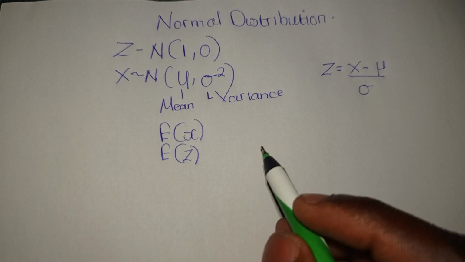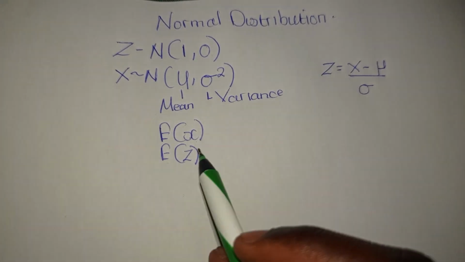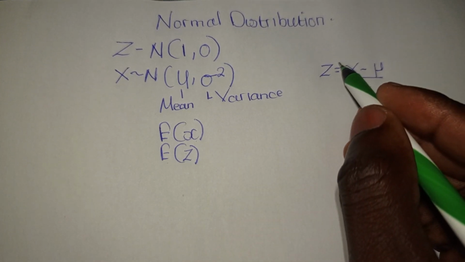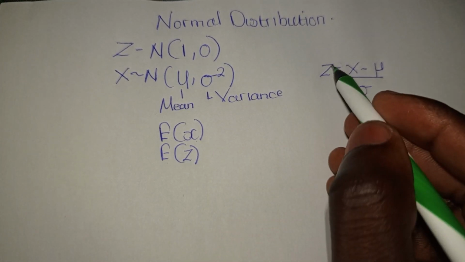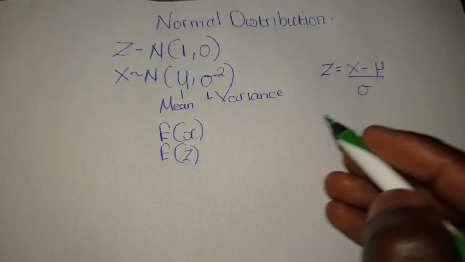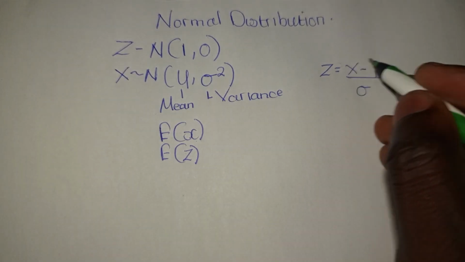Now remember we said that Z is what is here, isn't it? In mathematics, an equal sign simply means that the value of Z is what is here, so let us replace Z with it.